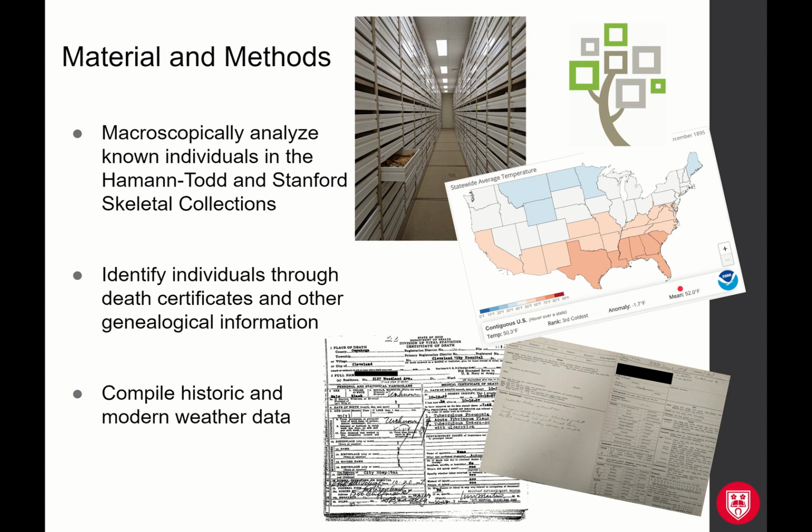Now, on top of that, I extracted historic and modern weather data for the 48 continental states, splitting the states into North and South based on the location of the Mason-Dixon line. So that gave me 48 states, and then evenly split into North and South.